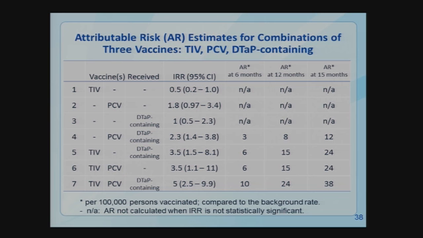If we could pull up my second slide set. Let's see. So you're talking about the attributable risks, and your question is about comparing the attributable risk between the different combinations?